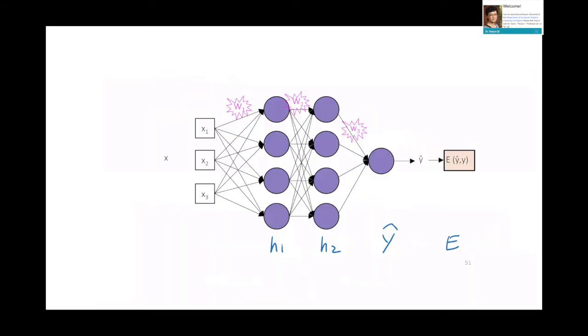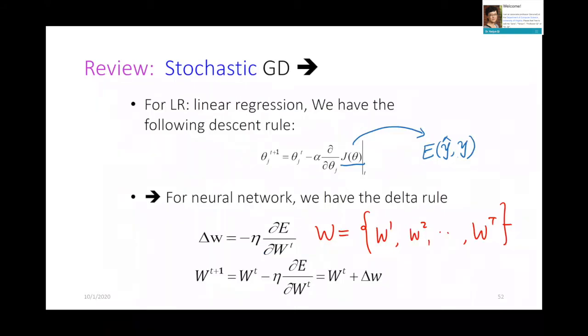So like the basic stochastic gradient descent, we can just treat them as a joint W parameter.